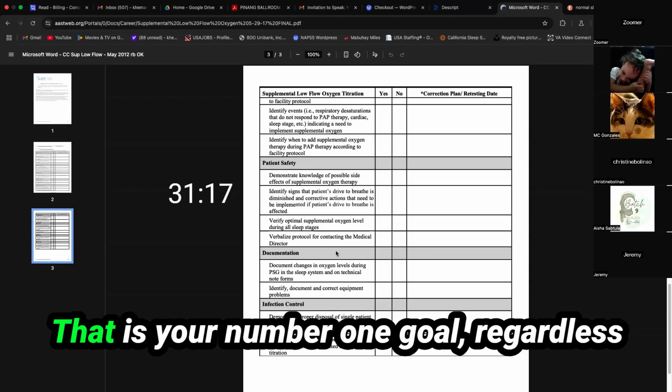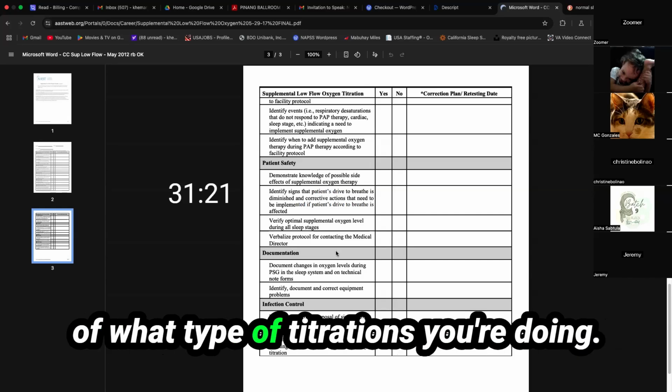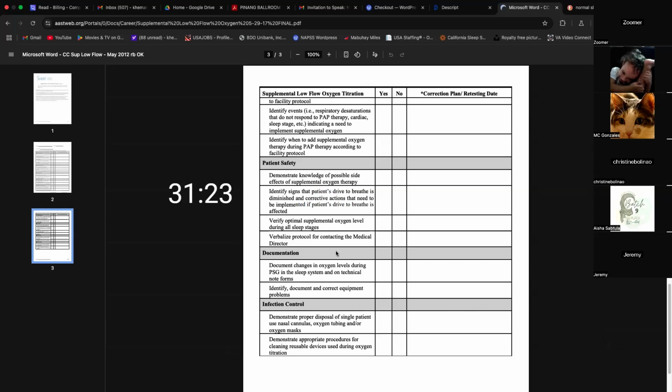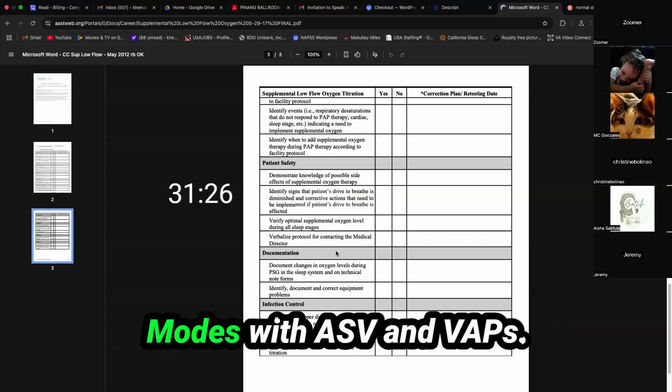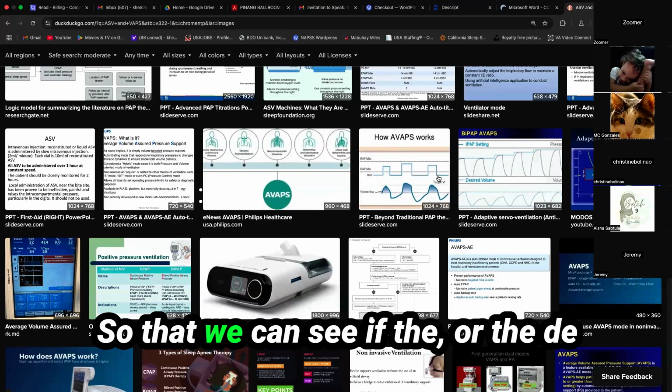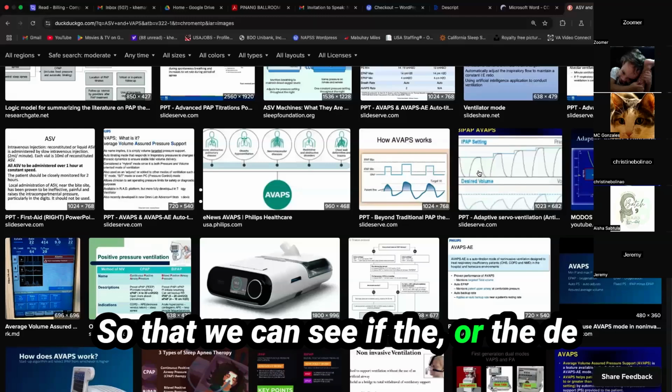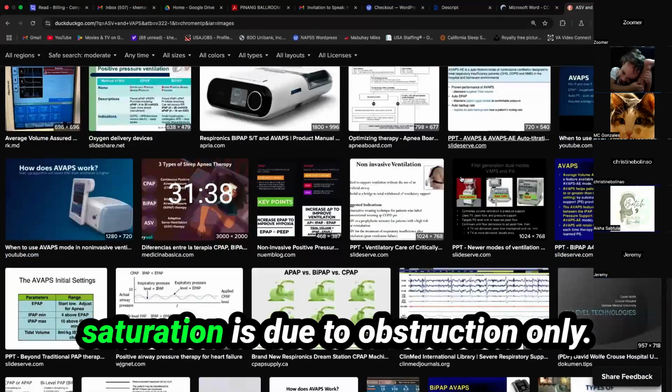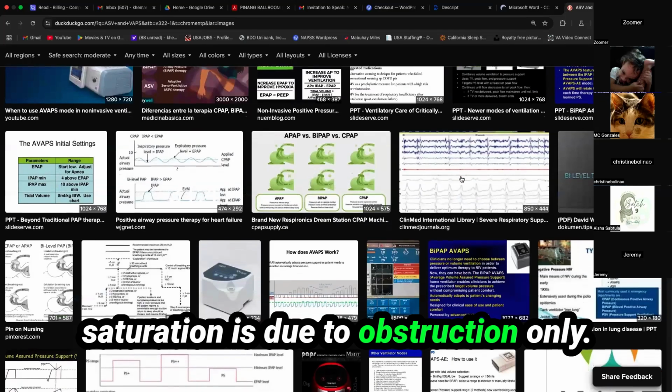Obstructive apnea. That is your number one goal, regardless of what type of titrations you're doing. CPAP all the way to advanced modes with ASV and VAPS. You eliminate obstructive events first. Why? So that we can see if the desaturation is due to obstruction only.